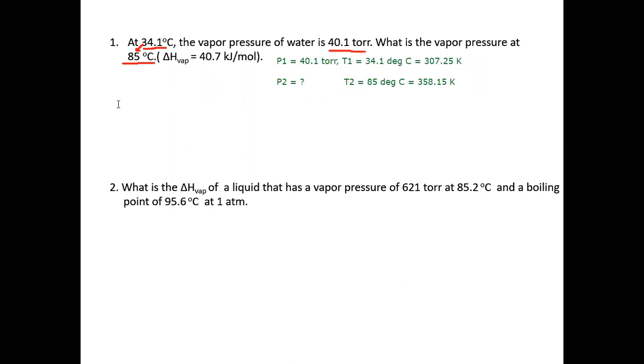We have our delta H of vaporization, so we can set up the Clausius-Clapeyron equation: ln of P2 divided by P1. R is 8.314 joules per mole Kelvin.